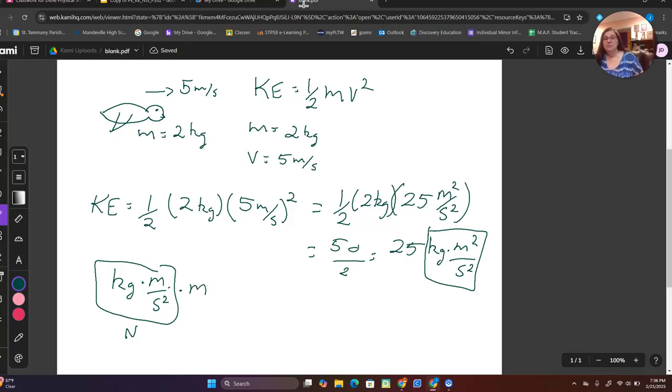So I have newtons times meters. Newtons times meters is a joule. So my answer here, my kinetic energy of this bird, is 25 joules. All right, so pretty straightforward. We don't have to remember anything about height or gravitational acceleration. I know the mass, I know the speed, I do the math.